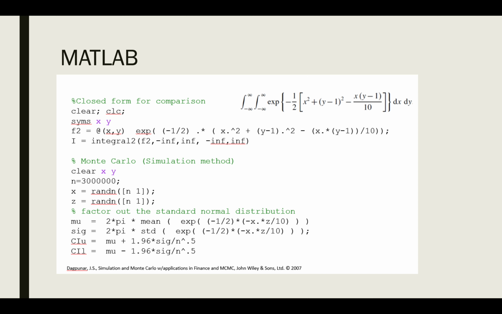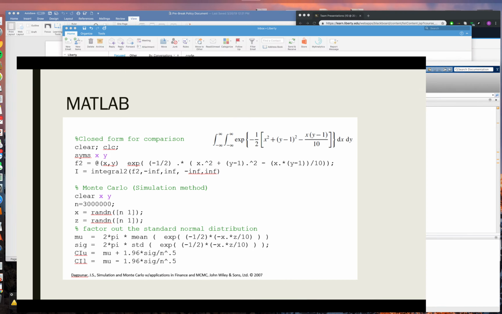So here we have a MATLAB code, and we have a closed form comparison and the Monte Carlo method. As we will see in this demonstration, we can look at the two and compare the values.